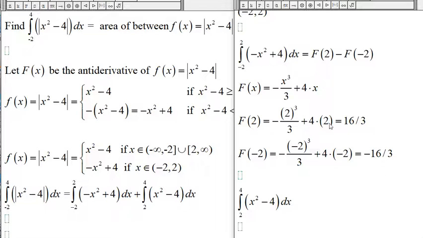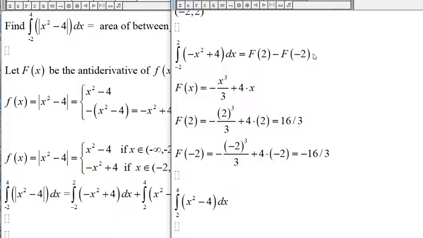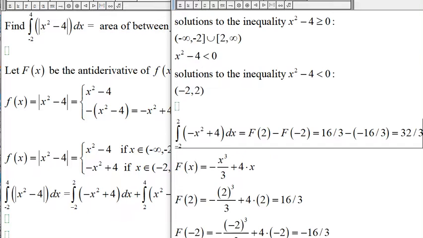We can evaluate this on a scientific calculator, and that will come out to be 16/3. And then this one comes out to be negative 16/3. And so this will equal 16/3 minus negative 16/3, and this would be 32/3.